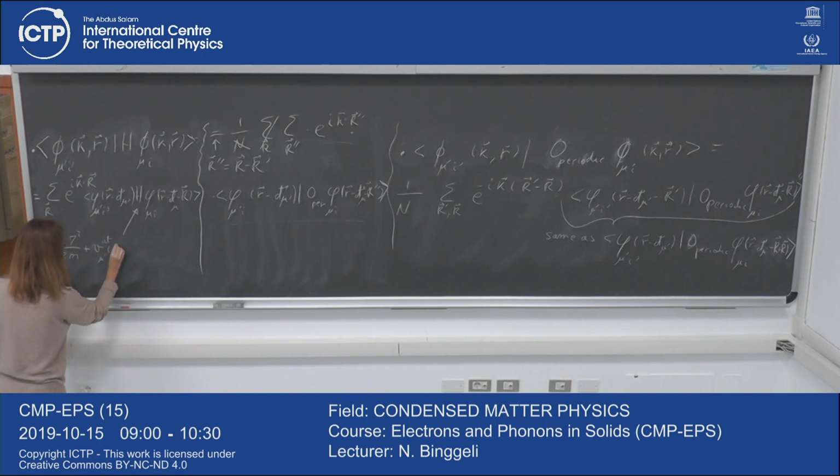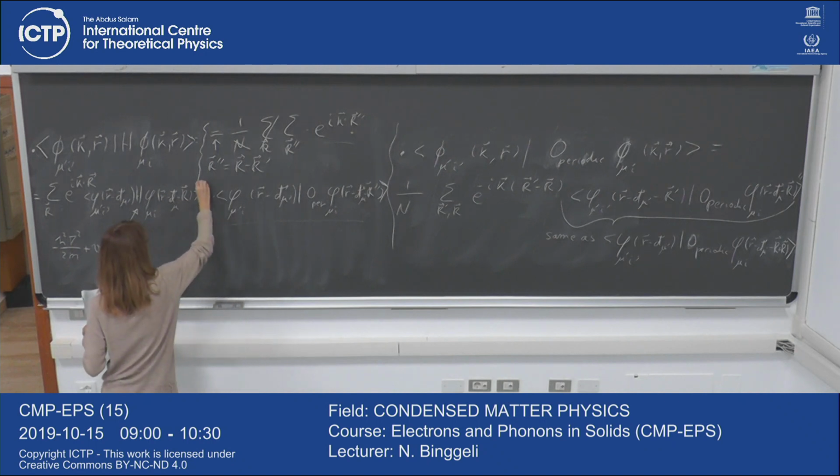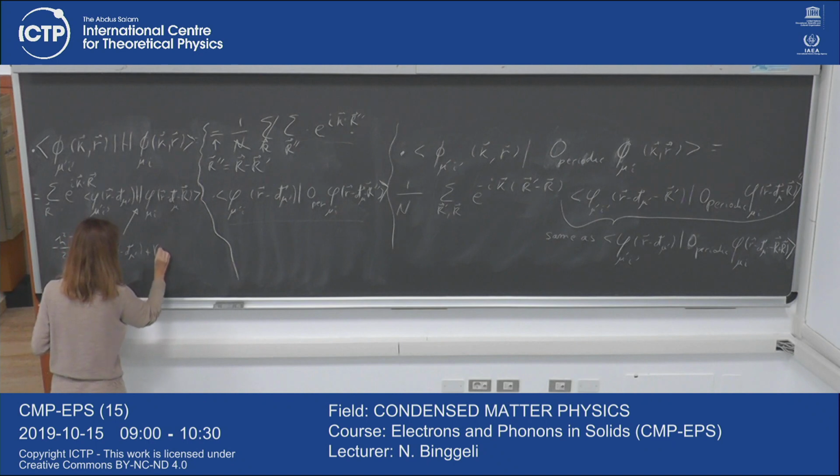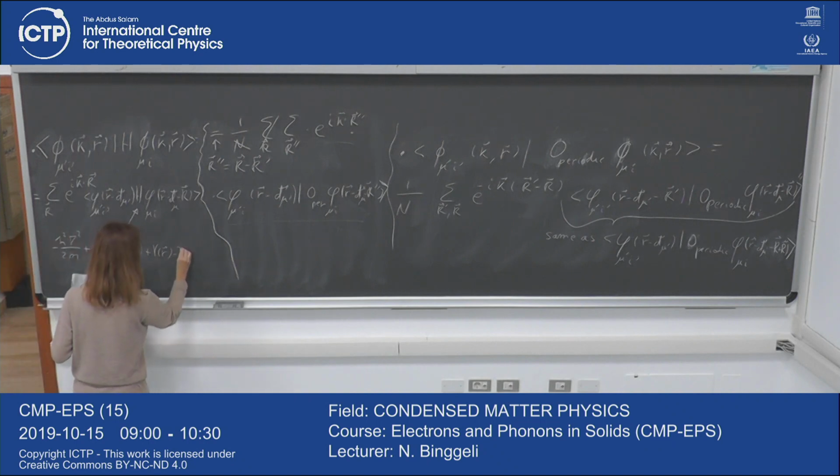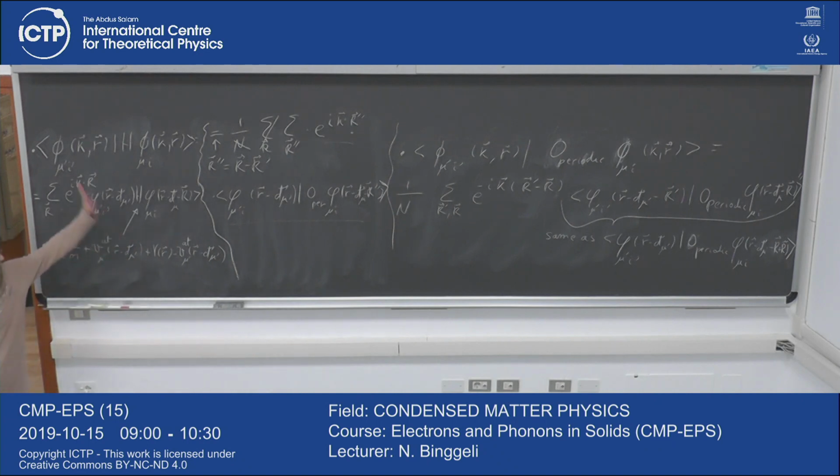So I will just rewrite my crystal Hamiltonian this way. So this is my crystal potential, and I will subtract the same thing, the atomic mu prime of R minus d mu prime. So this is, well, okay, I'm just adding and subtracting the same thing.